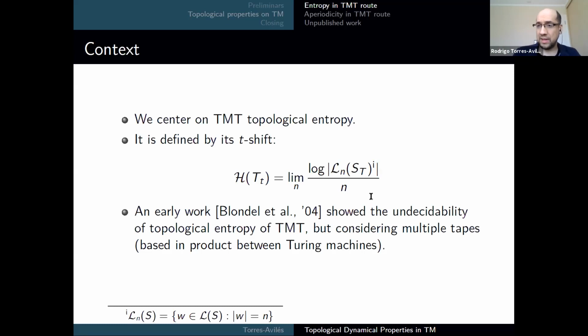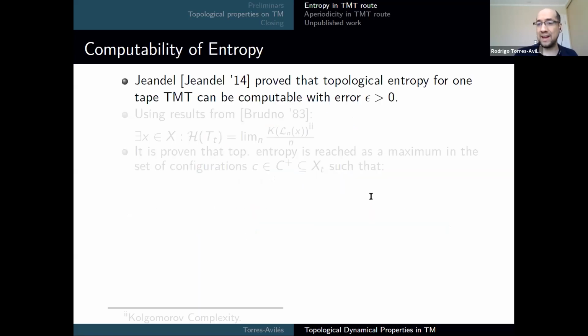Early work of Blondel et al. in 2004 shows that this property is undesirable for TMT, but they consider a multiple-tapes model. With just one tape, which is the model that we work with, it is possible to calculate the entropy with any possible error greater than 0.